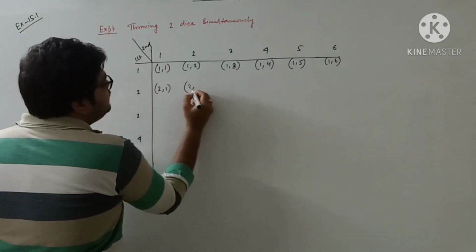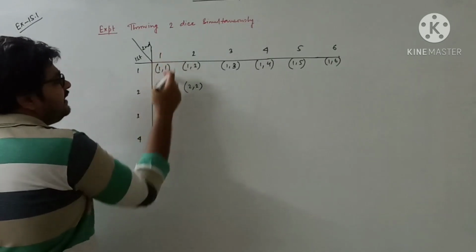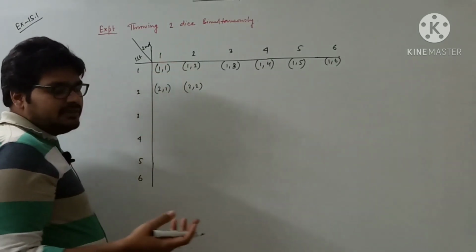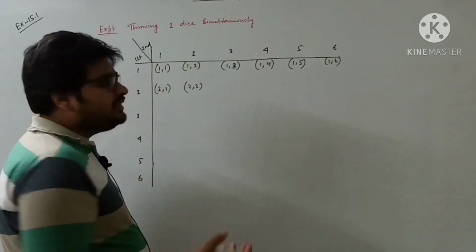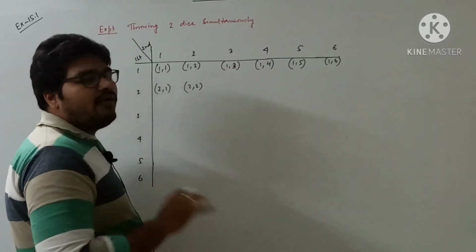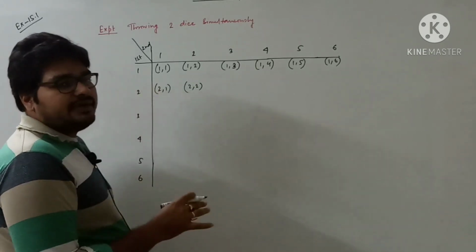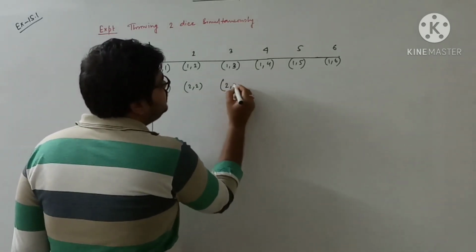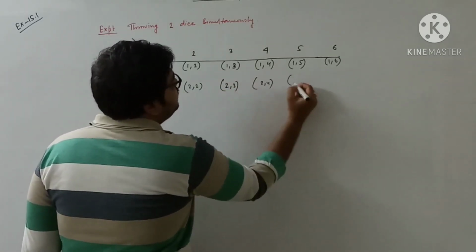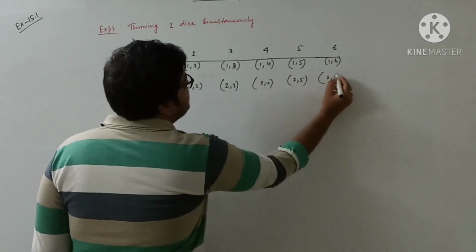2, 1: first die 2, second die 1. So like that, any of the outcomes may occur. These are all the outcomes for this experiment. 2, 3, 2, 4, 2, 5, 2, 6.